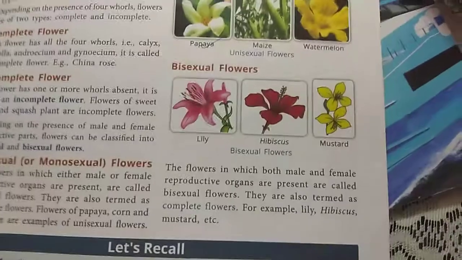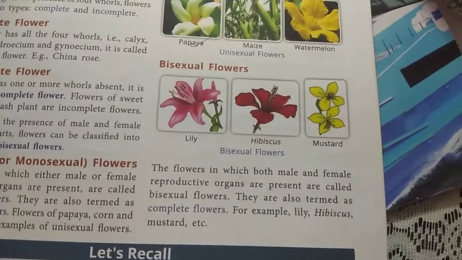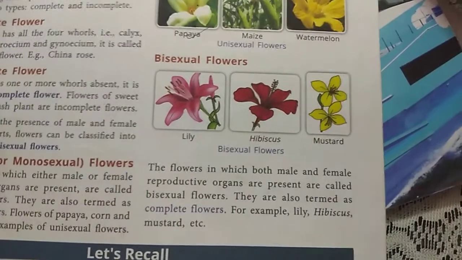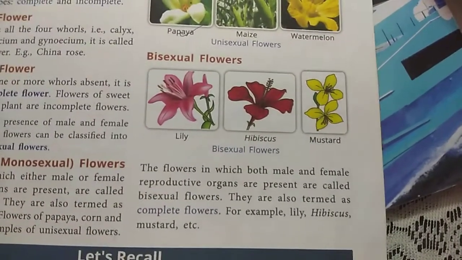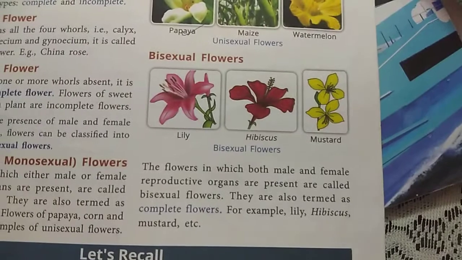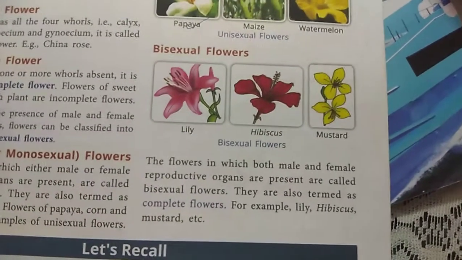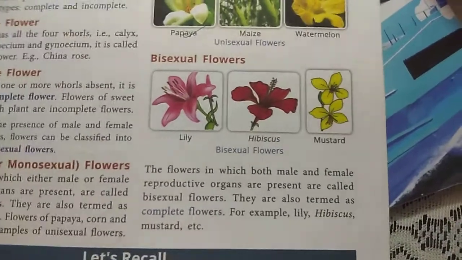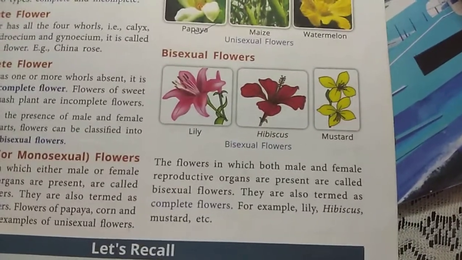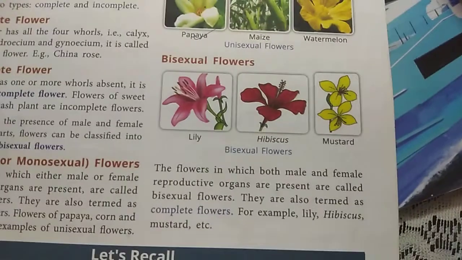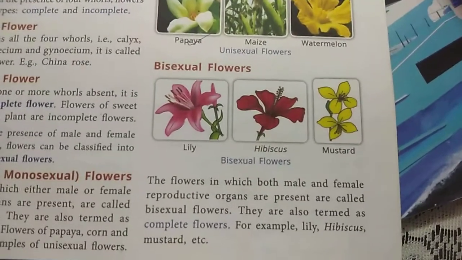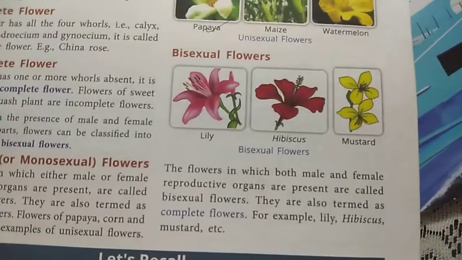Now the flowers in which both male and female reproductive organs are present are called bisexual flowers. They are also termed complete flowers. For example, lily, hibiscus, mustard, etc. If any flower has both the male reproductive organs and female reproductive organs, then those flowers are known as bisexual flowers.